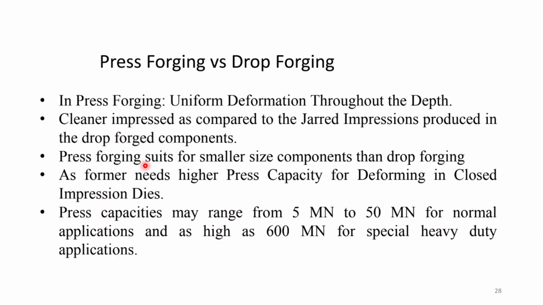Press forging suits smaller size components than drop forging, as it needs higher press capacity for deforming in closed impression dies. Press capacities may range from 5 meganewton to 50 meganewton for normal applications, and as high as 600 meganewton for special heavy duty applications.